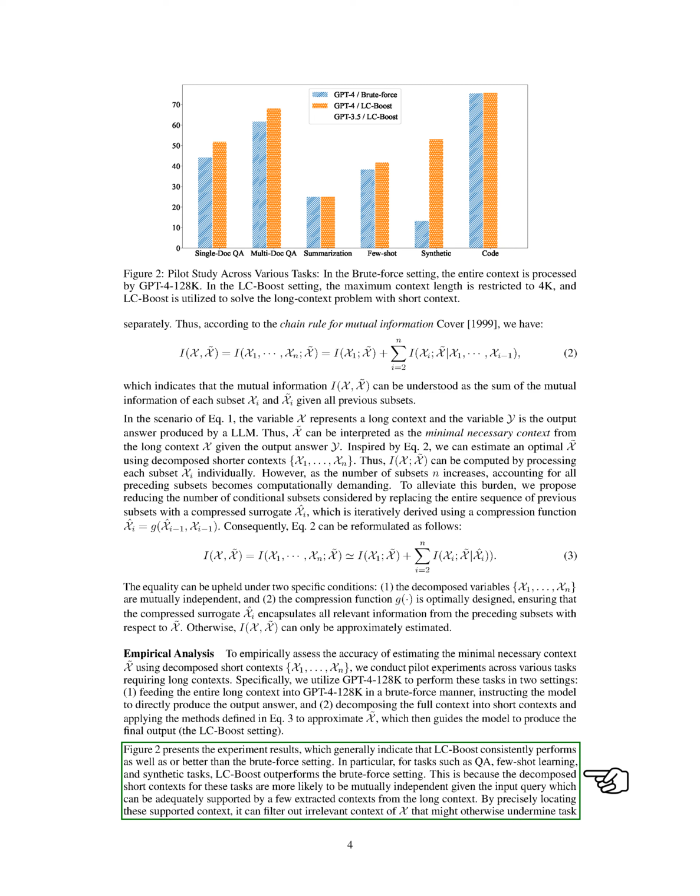The results showed that generally, LC Boost performed as well as or better than the brute force setting, especially excelling in tasks like QA, few-shot learning, and synthetic tasks. This success is attributed to the ability of LC Boost to filter out irrelevant context from X by identifying supported context from the decomposed short contexts.